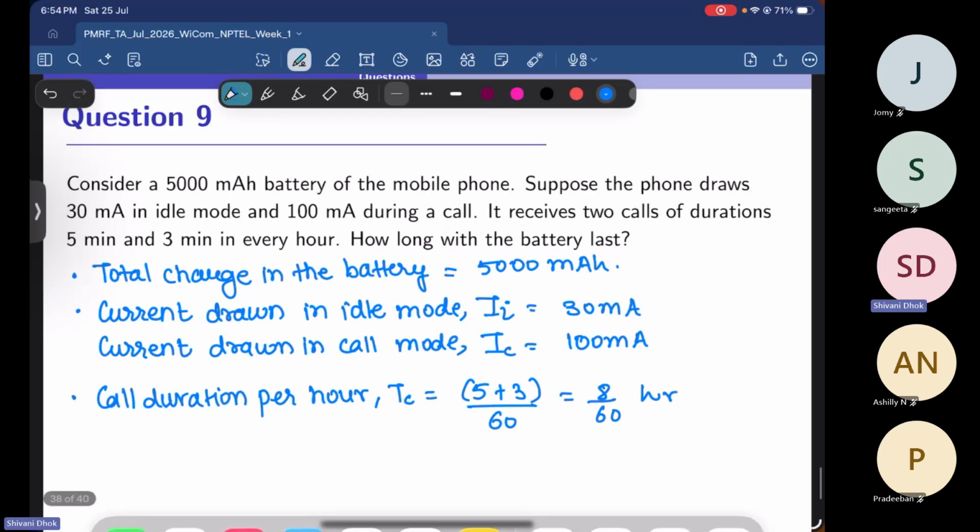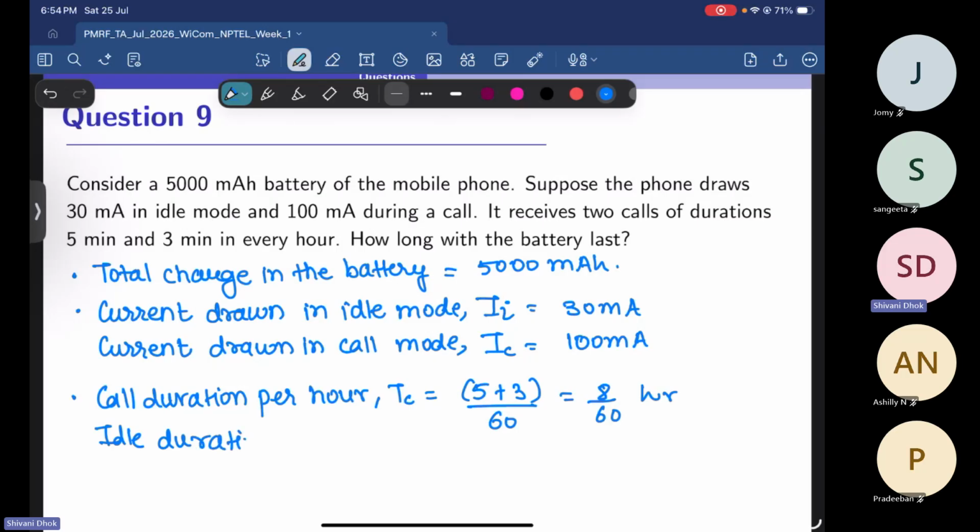And the idle duration per hour, TI, is 1 minus TC, that is 52 by 60 hours. Okay, so this is the situation.